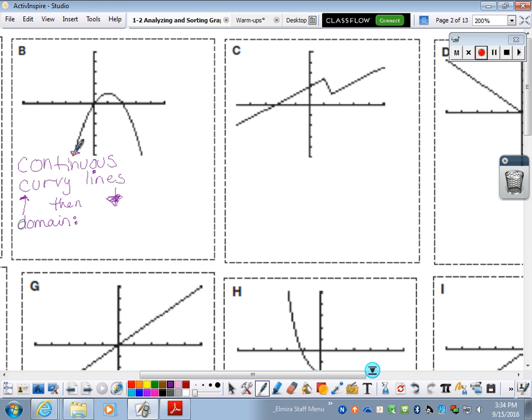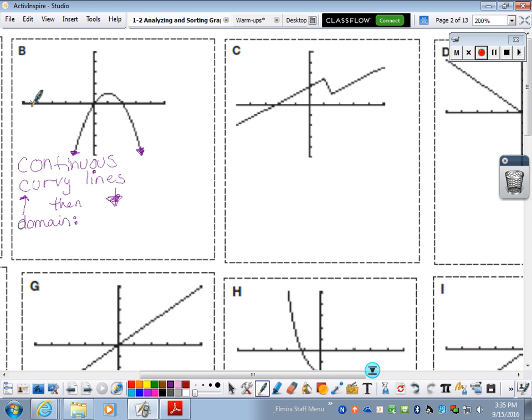So if these are all calculator generated images, they don't have arrows on them, so let's assume that they go on and on forever. Domain would mean if I put my pen on any point of the x-axis and I moved up or down, would I touch the function? So if I was here, I could go up and touch the function. If I was here, I could go down and touch the function.